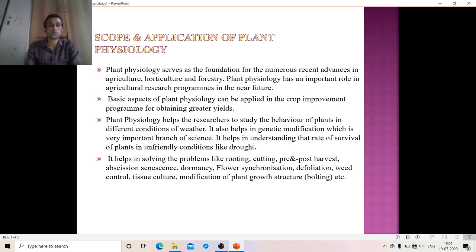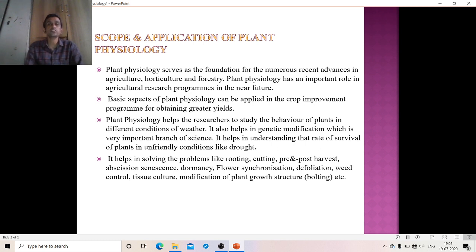We grow a plant or increase the number of plants through the tissue culture technique. For example, sugar cane: we develop a new plant of sugar cane through tissue culture. First of all, we know the physiology of the sugar cane. Means here is the scope of plant physiology and tissue culture. When we know the physiology of the plant, we develop different varieties of the plant through tissue culture.